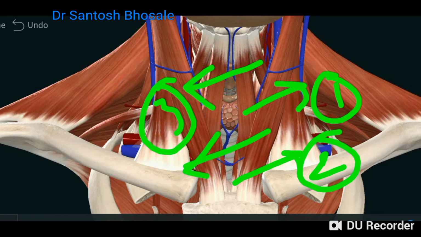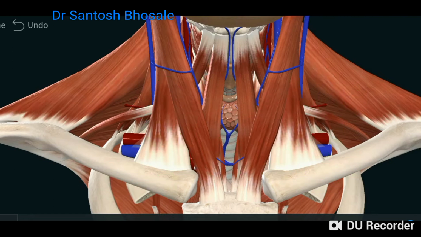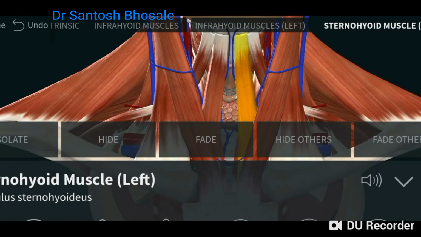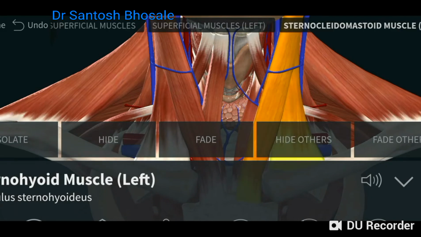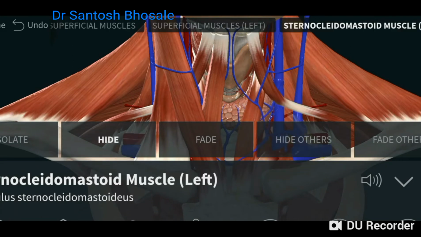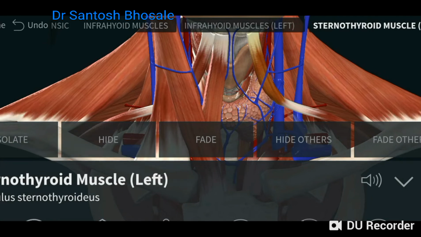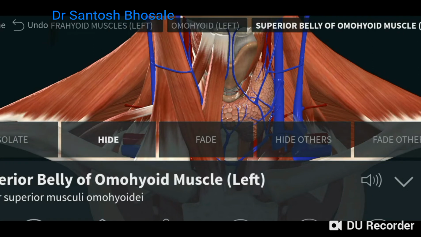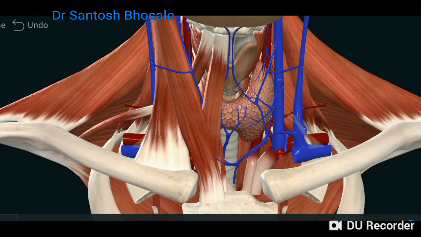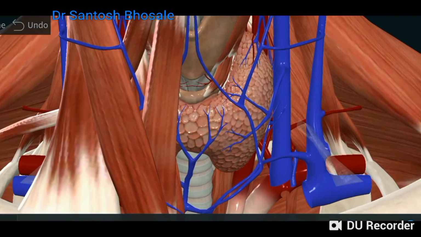So, 4S muscles, you can remember, on the lateral surface of the lateral lobe. One lateral lobe of the thyroid gland is related to the 4S muscles. You can write skin, superficial fascia and all. The muscles are sternohyoid, sternothyroid, superior belly of omohyoid and sternocleidomastoid. So these are the relations here.